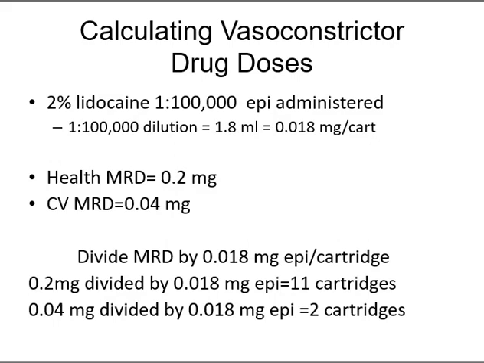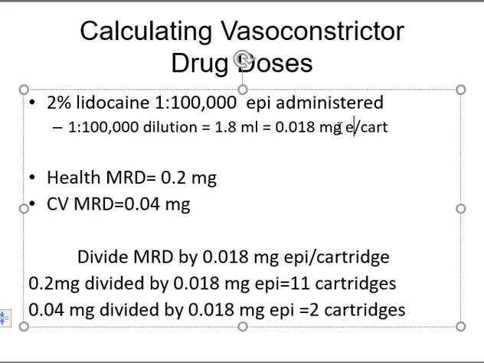So, calculating vasoconstrictor drug doses. We have 2% lidocaine, and almost always it will be combined, 2 drugs, with a 1 to 100,000 epinephrine. So we've already determined that per 1.8 milliliter cartridge we will have 0.018 milligrams of epinephrine per cartridge.